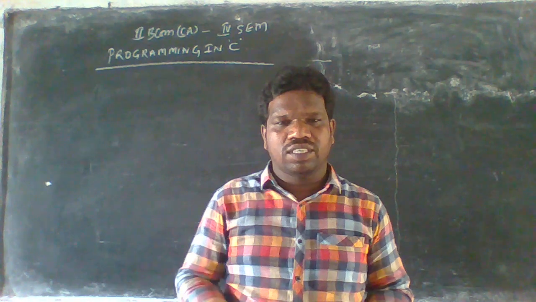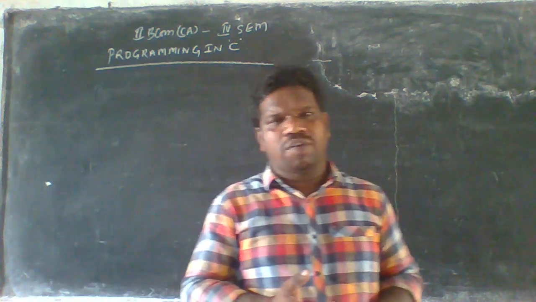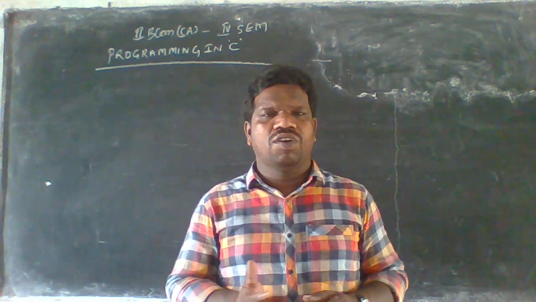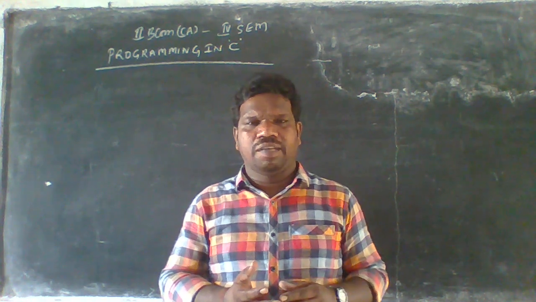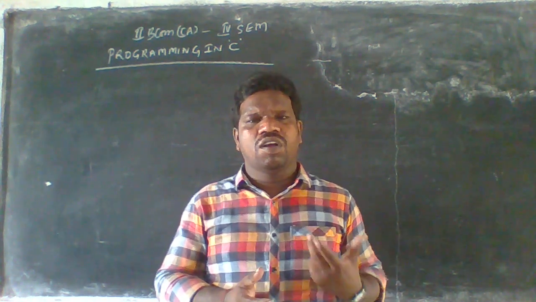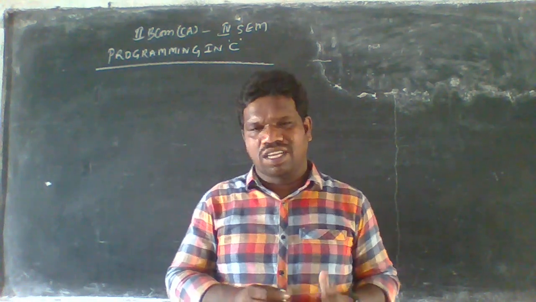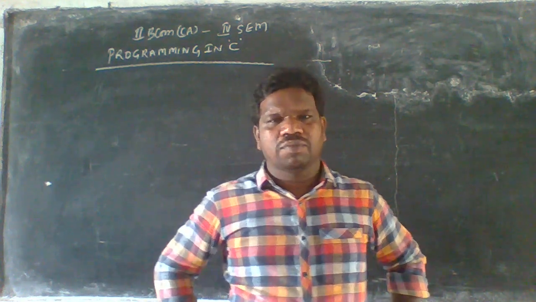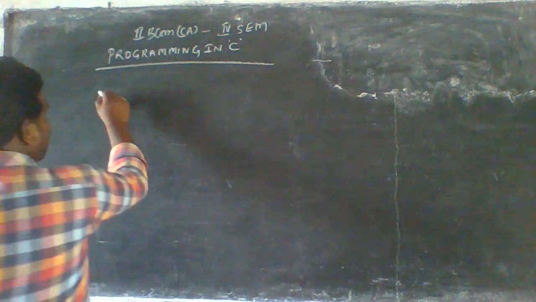We call them with return type and with arguments, with return type and no arguments, no return type and no arguments, and no return type and with arguments. We have these functions here, and today I am giving a brief description of these four types of functions here.